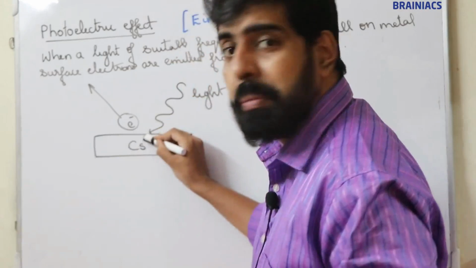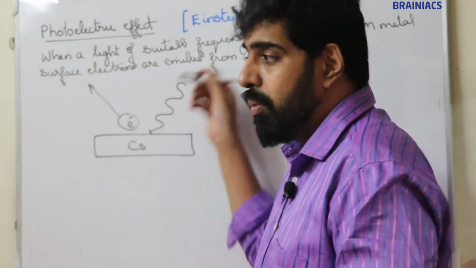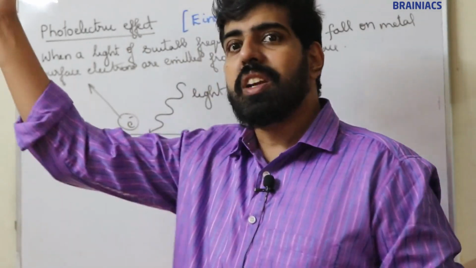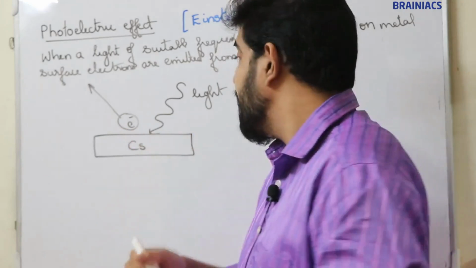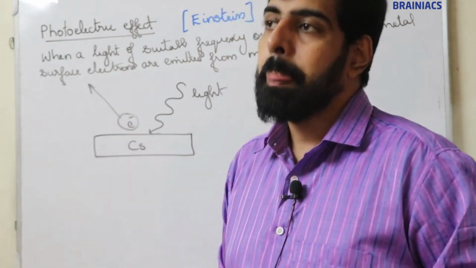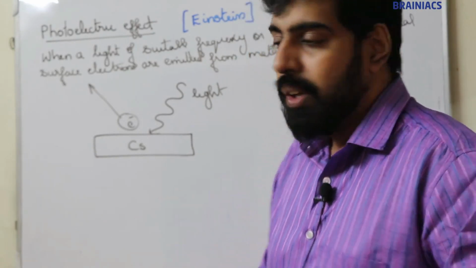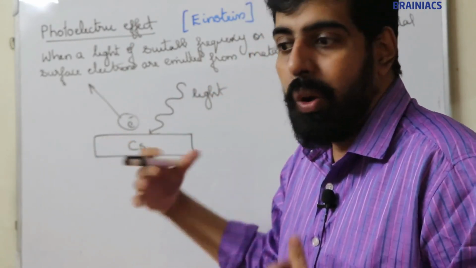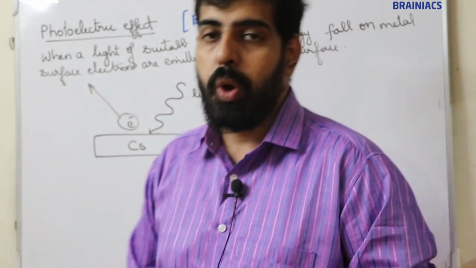When light strikes on a metal surface, for example cesium metal, electrons are ejected from the surface of the cesium metal. Hertz observed this phenomenon, but he could not explain the science behind it.